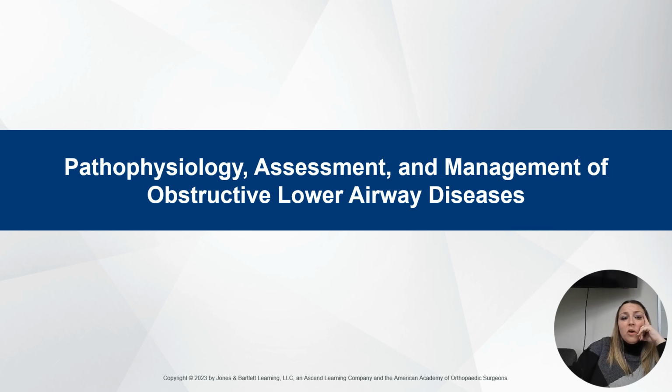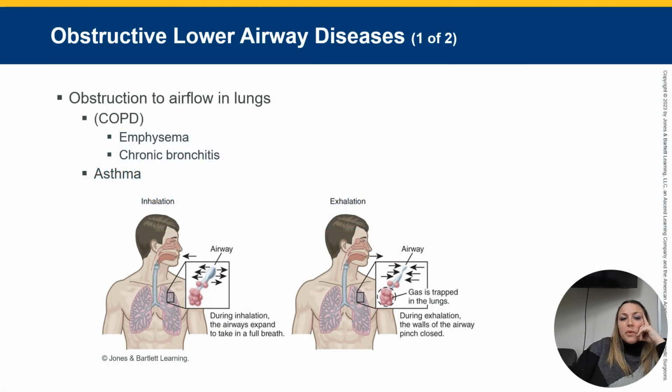When we look at lower airway disease and management of obstructive lower airway diseases, we're really going to be talking about COPD, asthma, and the obstruction into the actual lungs. These are all irreversible, progressive chronic diseases.